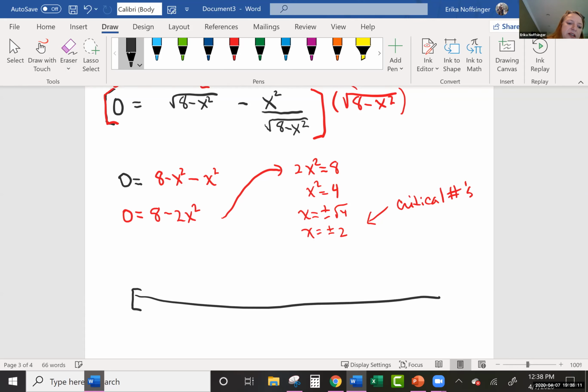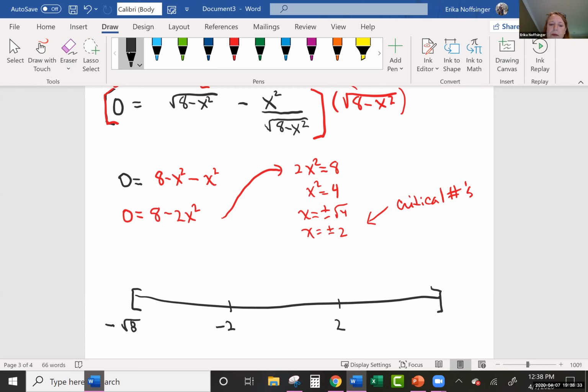So we have an inbound on our interval of our graph is negative root 8. We want to see what's happening in between negative root 8 and negative 2, because that's one of our critical numbers. Then we need to see what's happening between negative 2 and 2, because 2 is one of our critical numbers.